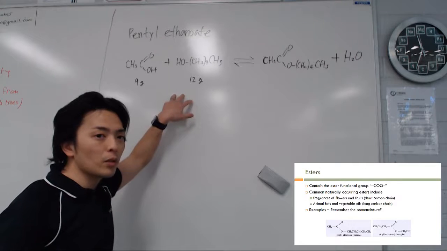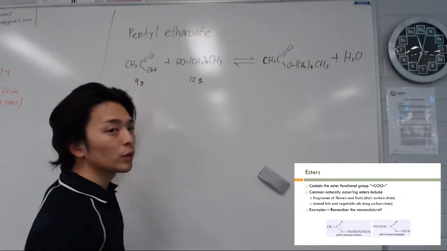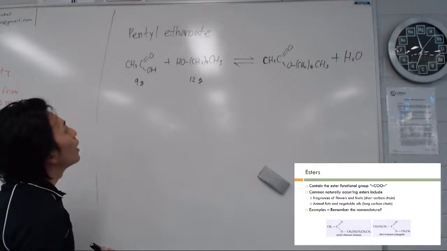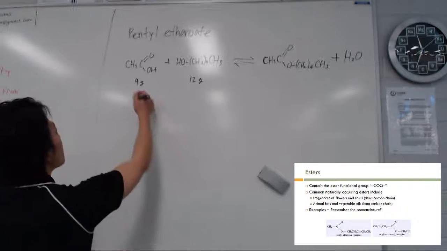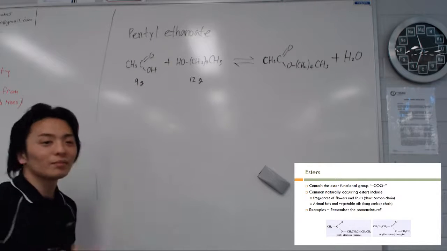Yeah. So first thing that you need to do is to calculate the molar mass. So in this example, I've got ethanoic acid. How heavy is it per mole? I might need someone's calculator then.